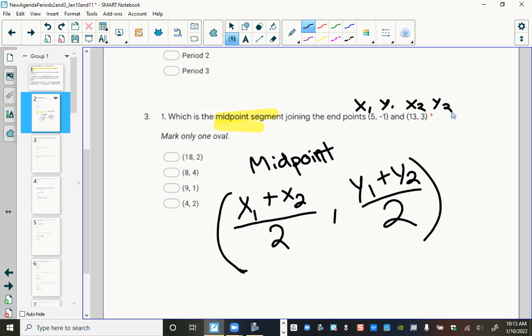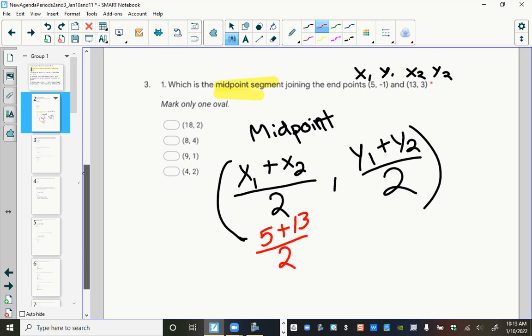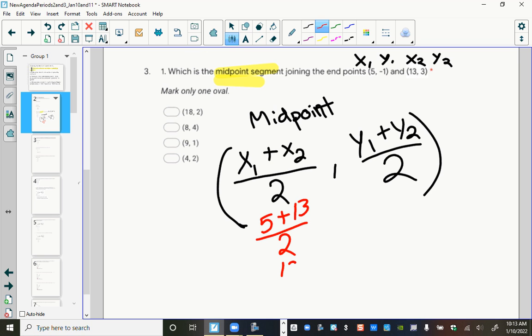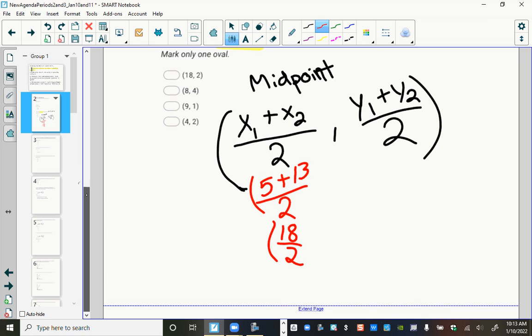So the x's, what 2 numbers are our x's? 5 and 13. You have 5 plus 13, then you divide by 2. What would be 5 plus 13? 18. And 18 divided by 2 is 9. 9, comma.